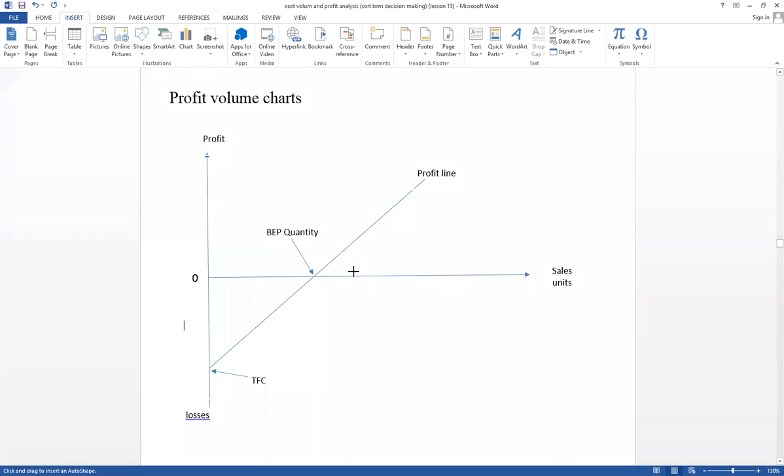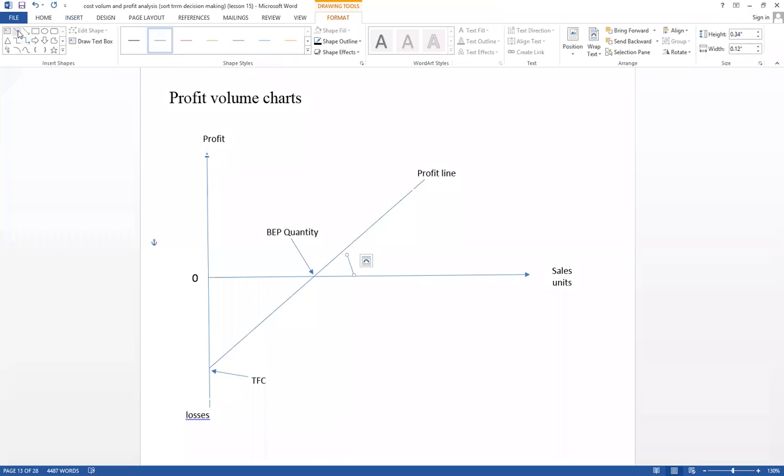Therefore, this side profit, here profit available. And this side loss. You have to disclose profit and loss also. Therefore, this is the profit beyond the BP.